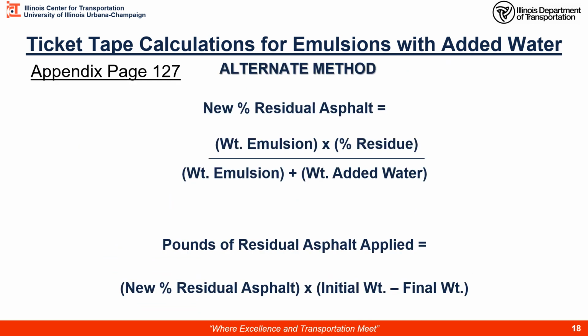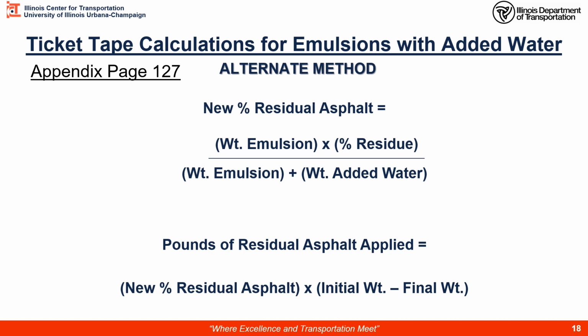There are a couple ways to calculate the new percent residual asphalt in your material being applied. We'll cover the alternate method. There's another method that's also mathematically correct. So there's a couple ways to do this, but this seems to be the method that most people understand the easiest.